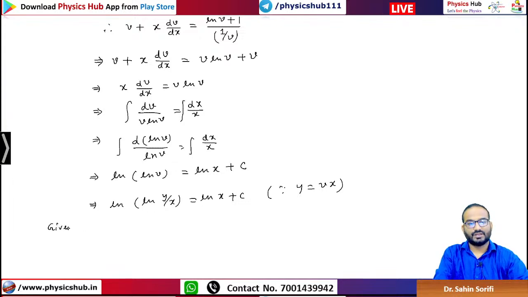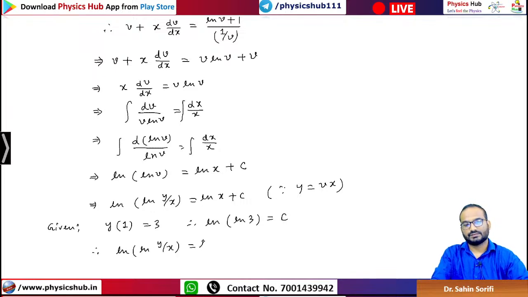Now you see, given y at x equals 1 is 3, hence ln of ln(y by x) is ln of ln 3, since ln 1 is 0, so C equals ln of ln 3. Therefore, ln of ln(y by x) equals ln x plus ln of ln 3. Too much ln, guys.